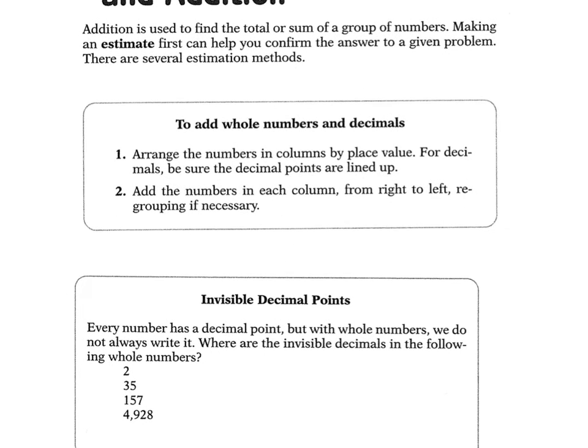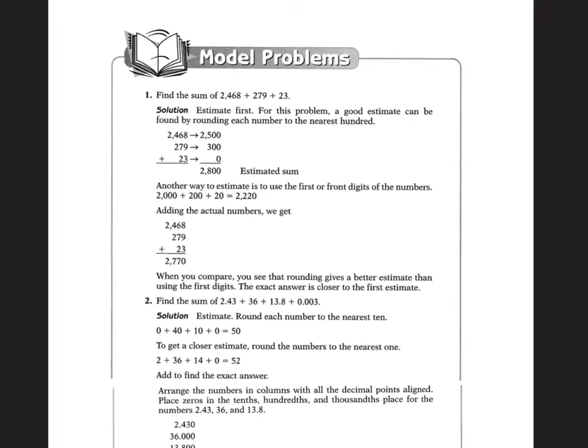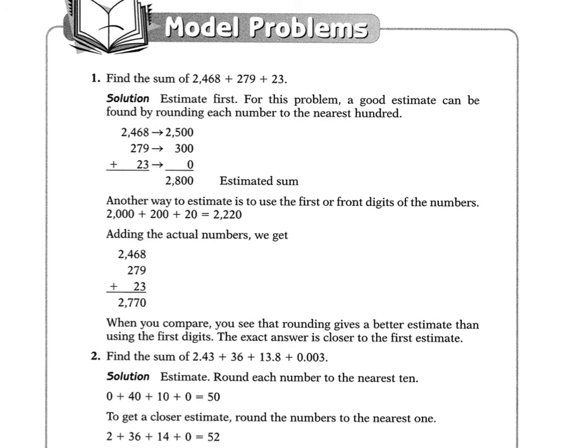So sometimes with these, you can arrange these in place value so that way you have all of your place values in rows, and then it's a lot easier for you to add these numbers. With these also, you want to make sure that you are lining up your decimal places correctly. So anything in the tenths place goes under each other. Anything in the hundredths goes under each other.